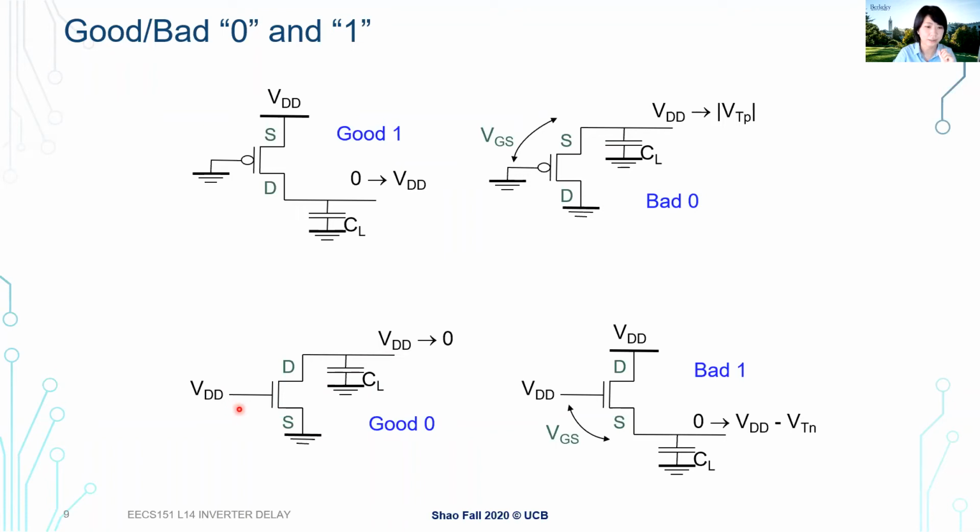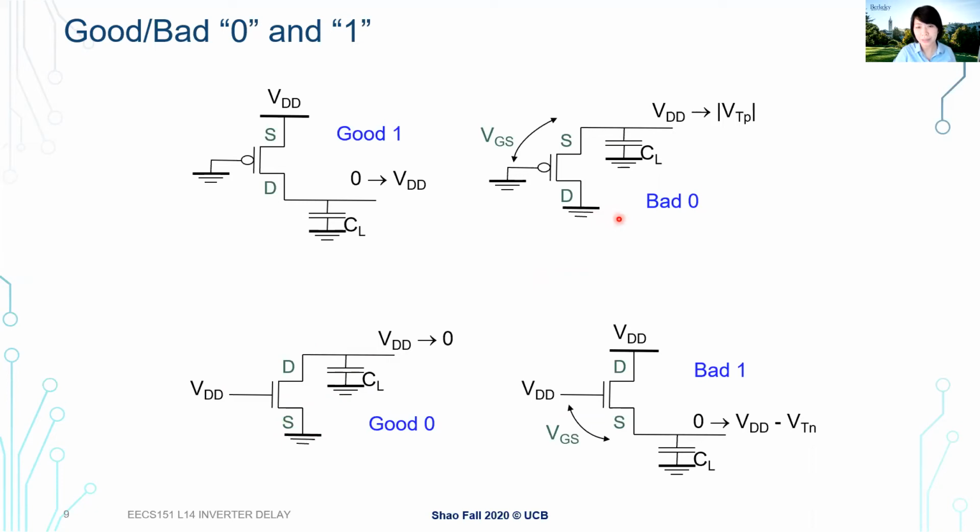We have an NMOS transistor here, gate voltage is VDD, and this is my output, which I represent with a capacitor. Pulling down our output is basically discharging this capacitor. At the very beginning the voltage is VDD, and we want to pull it down to 0. In this case, we can pull this all the way down to produce a 0 here. But we cannot do that with PMOS.